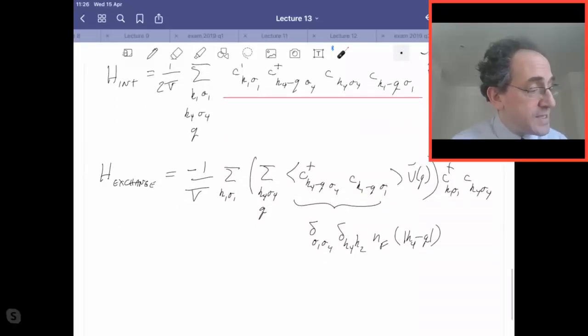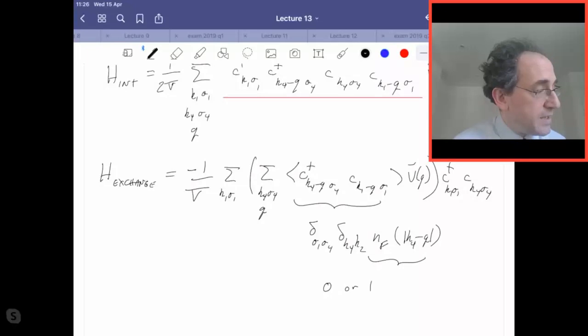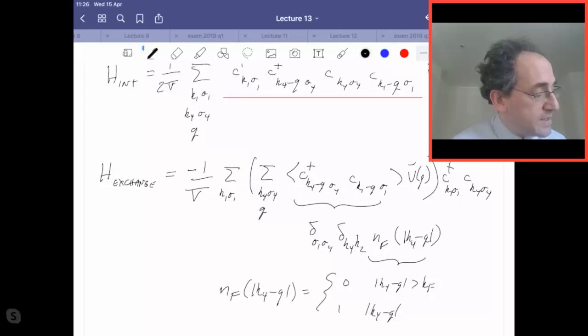So in other words, this Fermi function factor is 0 or 1, depending on whether, well, maybe I'll write it as this, N_F of K4 minus Q equals 0 if K4 minus Q is greater than K_F, and is 1 if K4 minus Q is less than K_F.